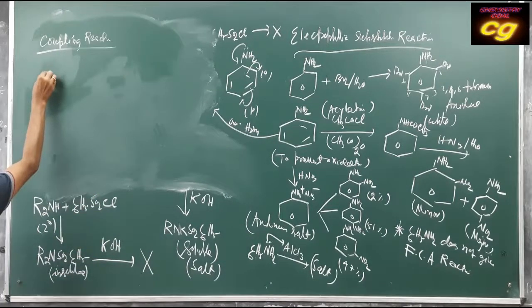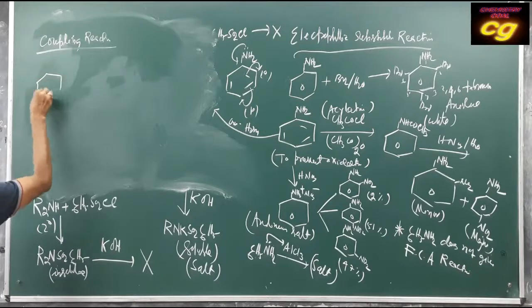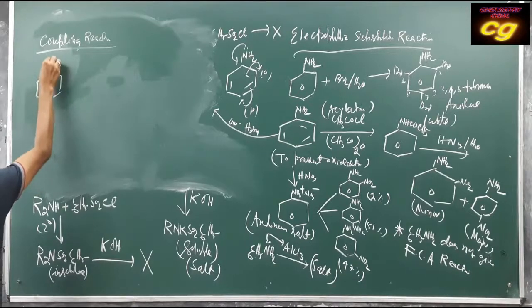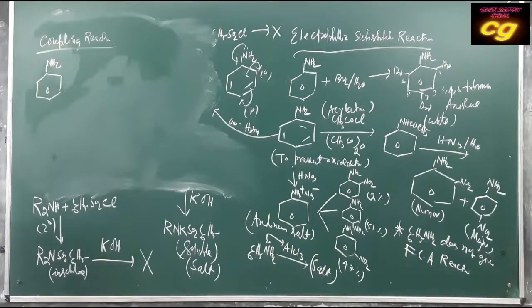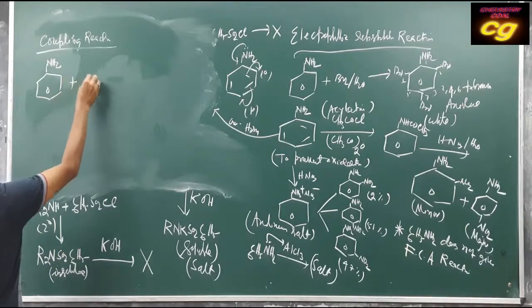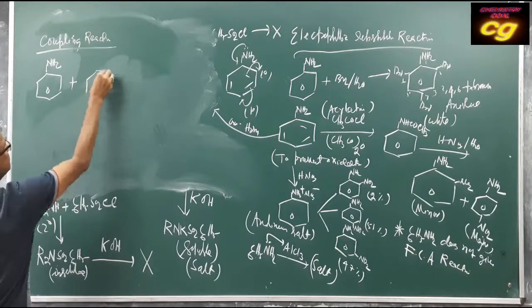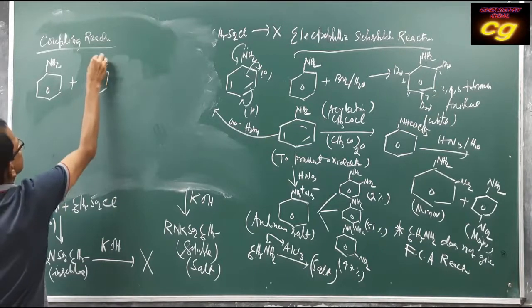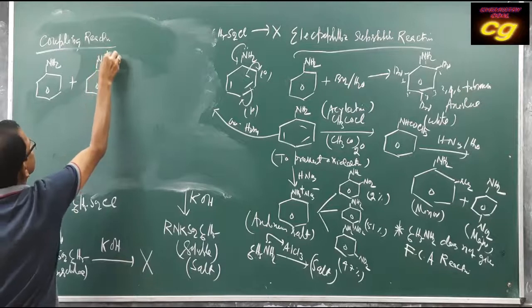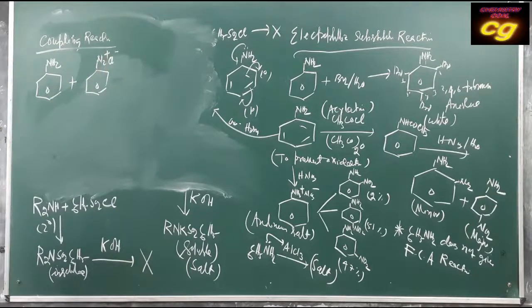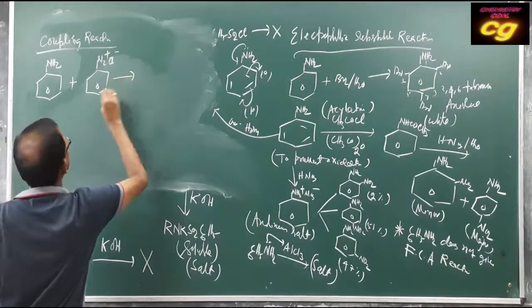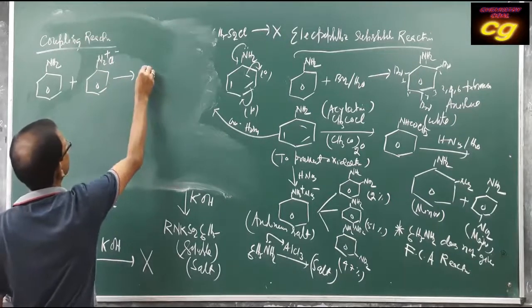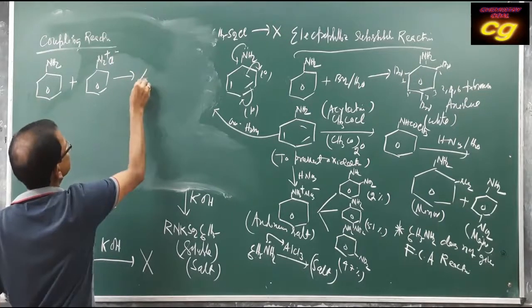Here it is the same: if you take aniline, all derivatives of aniline also give the same reaction with BDC, forming an orange yellow dye like this.